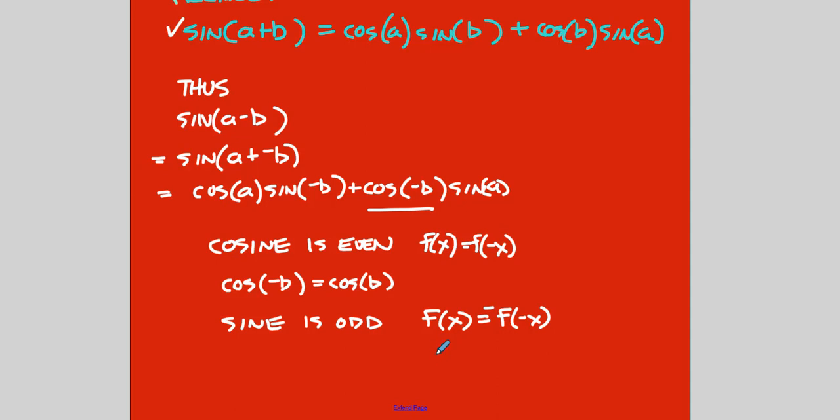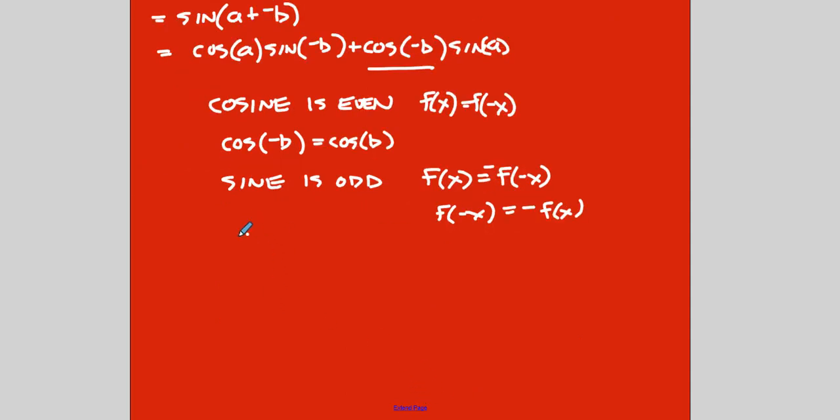This means that f of negative x equals, if I divide here by negative 1, the negative of f of x. So in the case of sine, the sine of negative b is equal to negative sine b. We're going to use this property to replace sine negative b with negative sine b.